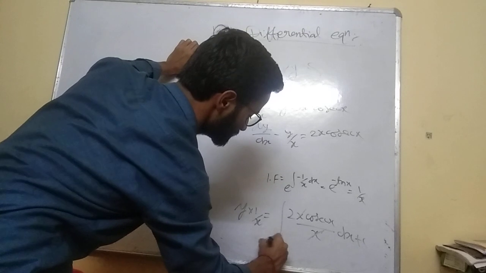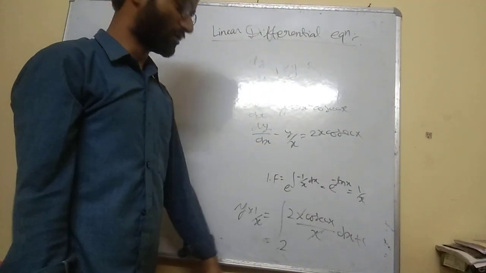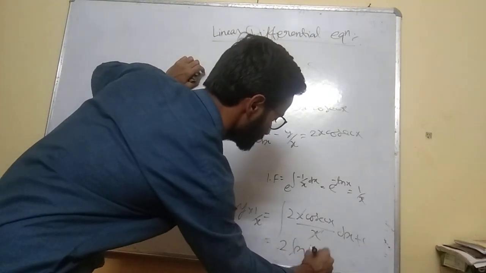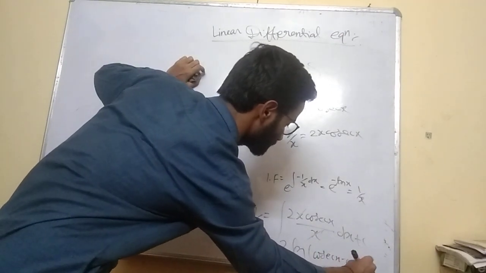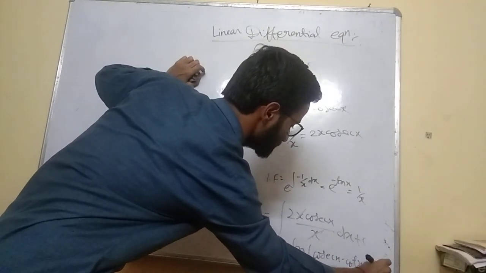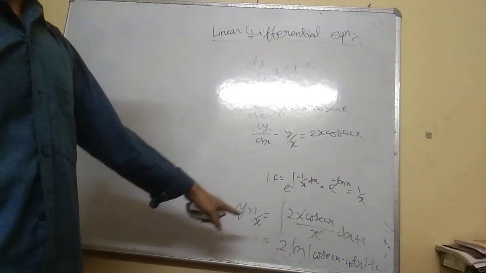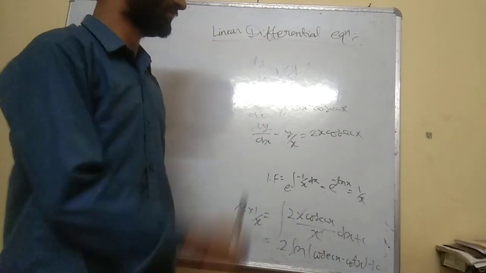The x will cancel out and this will become 2, and the integration of cos x is log cosec x minus cot x, so you can write log cosec x minus cot x plus c. You can multiply by x on this side, so this will become y is equal to 2x log cosec x minus cot x plus c. So this will be the final answer.